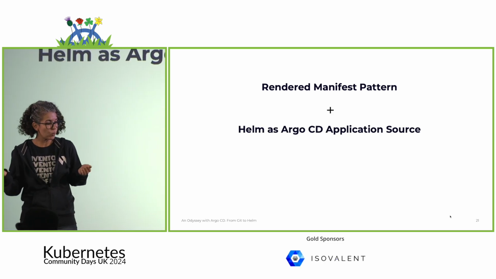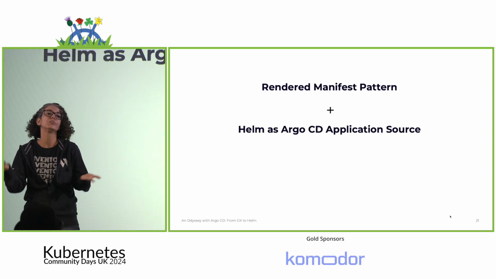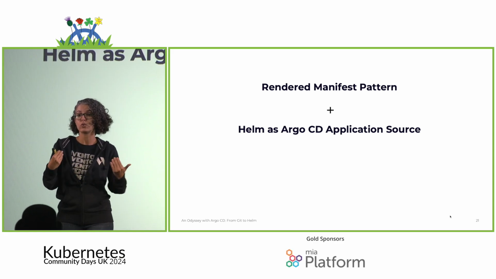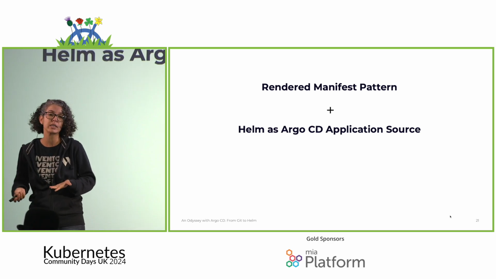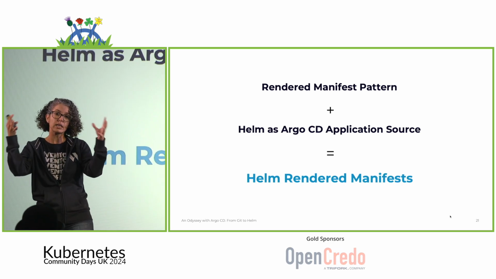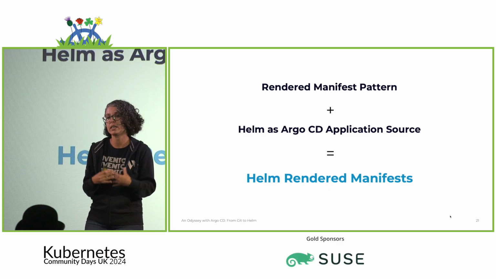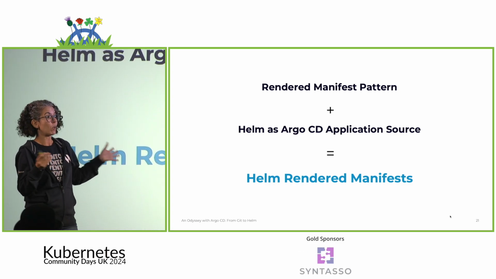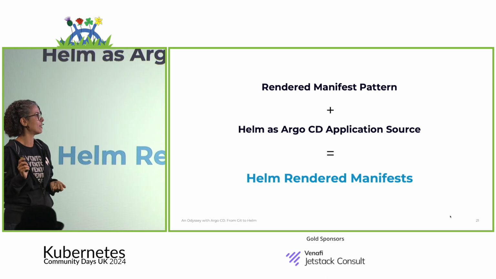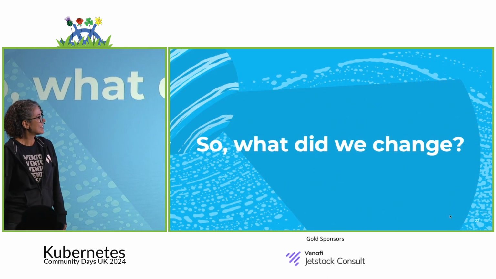On the other hand, we were already looking into the option that ArgoCD provides, that you can use Helm as a source for your ArgoCD application. So we decided to take these two ideas and adapt them to our needs. And this is how we ended up with what we call Helm rendered manifest, which is the current solution that we use nowadays.